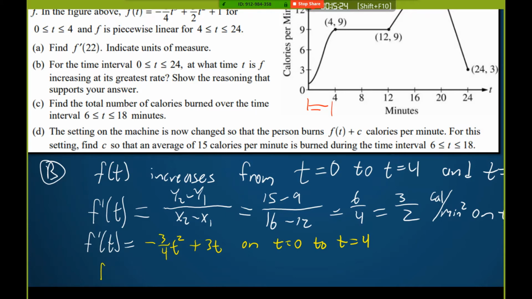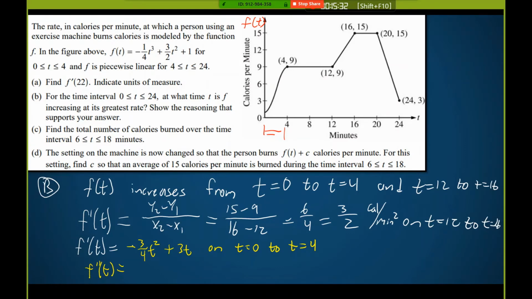Okay, what's my second derivative right now? 6 over 4. Negative 6 over 4. Okay, so that's negative 3 over 2 times t plus 3. Okay, so I'm going to set that equal to 0. So if I set this equal to 0, what's going to happen?